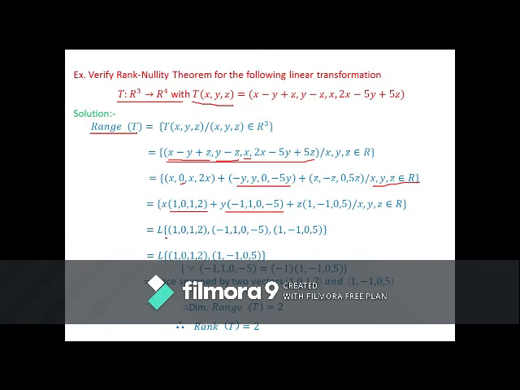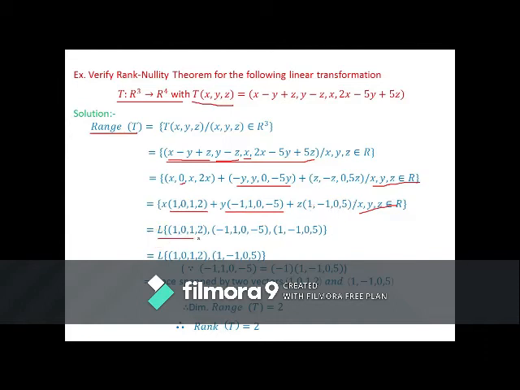This is nothing but, just recall the definition of a linear span of vectors. Here x, y, z belong to R, and these are the 3 vectors. So this is just the linear combination of the vectors (1, 0, 1, 2), (minus 1, 1, 0, minus 5), and (1, minus 1, 0, 5).